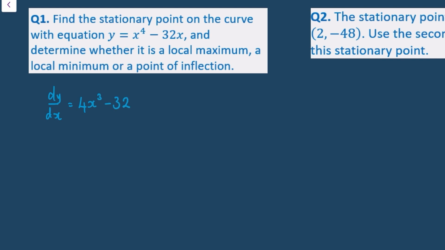I know that my stationary point, SP, is when dy by dx is equal to 0. So therefore, 4x cubed minus 32, I set equal to 0. I'm going to solve this. So I end up with x cubed equaling 8. And the cube root of 8 is 2.